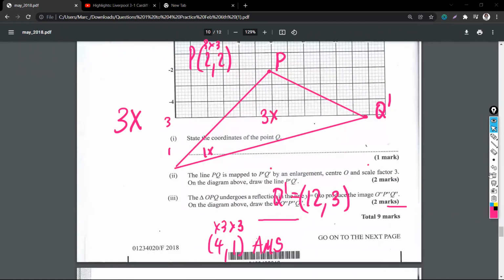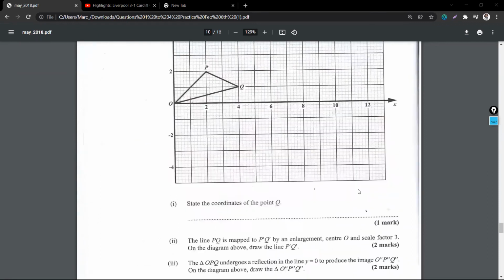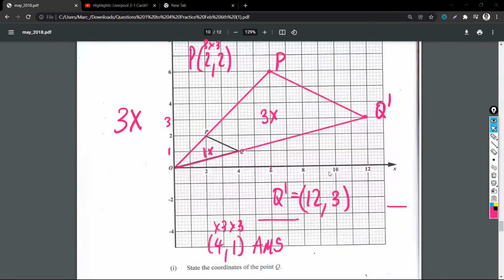And then the last one now, guys, it says here, OPQ undergoes a reflection in the line y is equal to 0 to produce an image Q prime, P prime, and Q double prime. Draw the reflection through y is equal to 0. So guys, let's do that.